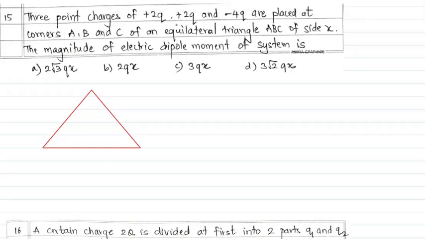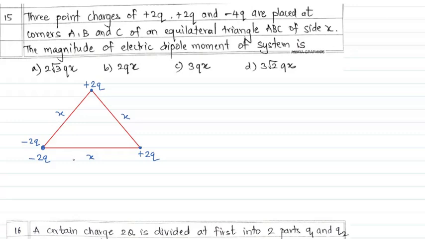So 3 charges he has given. So I will take plus 2q at corners, here plus 2q, here plus 2q, here minus 4q, I will divide it as minus 2q, minus 2q. Side he has given as x.